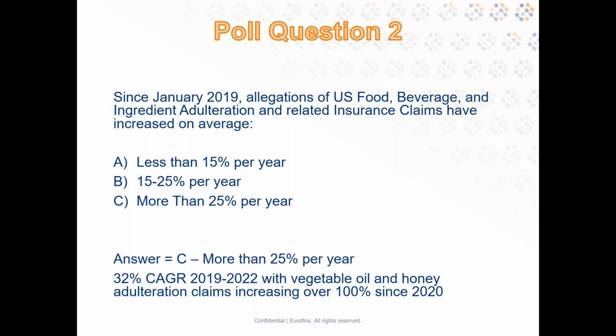But vegetable oil adulteration claims are up over 100%, and honey adulteration claims are up over 500% in the last 2 years. So the bees probably would have had it, but I like to say, bees make honey, and there's a lot of honey adulteration claims. So that puts the C's over the top and kind of skewed it with those 2 sectors.